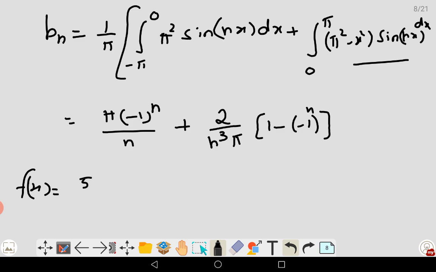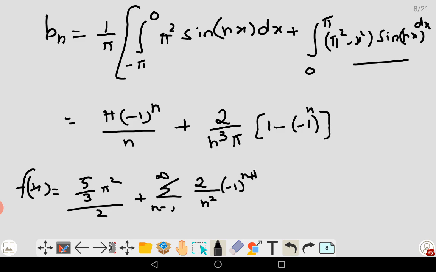a0 is 5 by 3 pi square divided by 2. So this 3 joins the 2. The next step, summation n from 1 to infinity an is 2 over n square minus 1 to the power n plus 1 cosine nx, plus the third term is summation n from 1 to infinity sin.